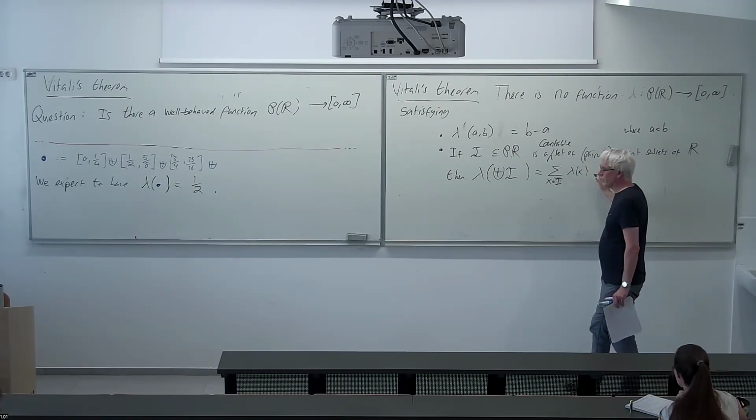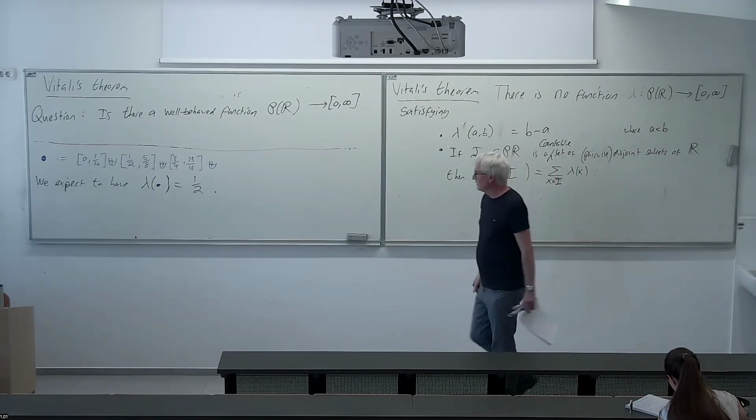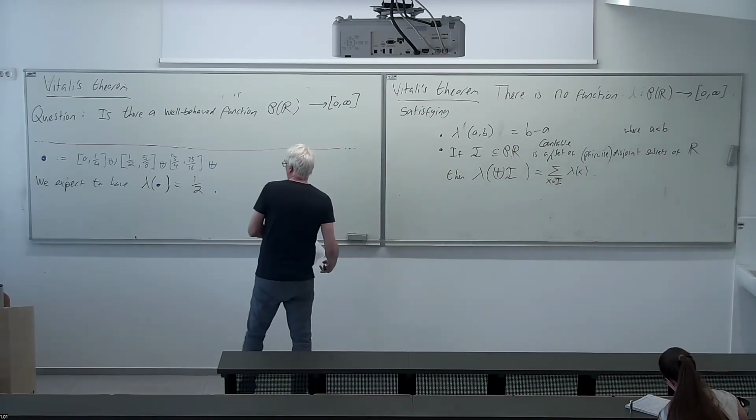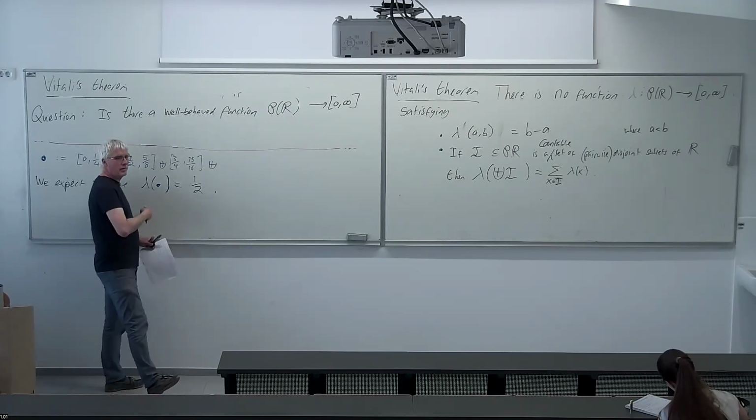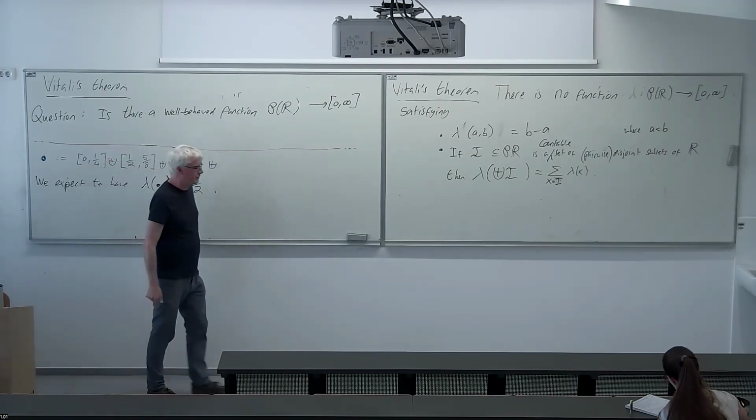So the length of a disjoint union is the sum of the lengths of its components.